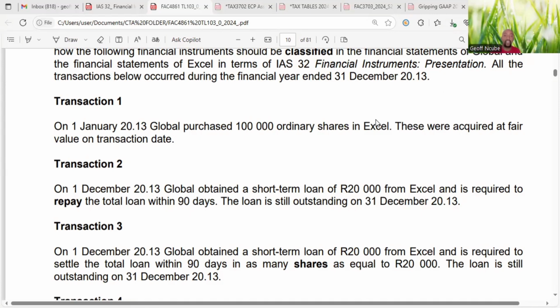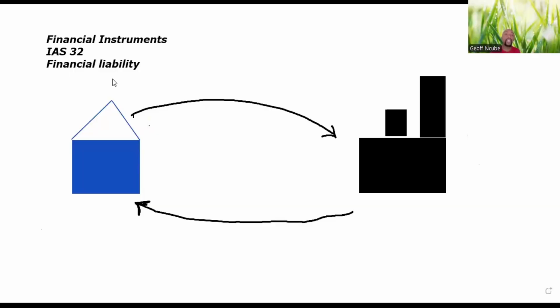Let me demonstrate via an example on the whiteboard. Using the names from the example, this will be Excel, and this will be Global. Excel gave out how much? 20,000.